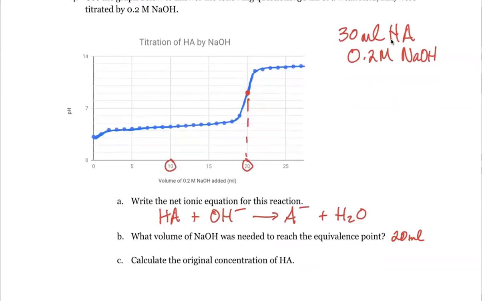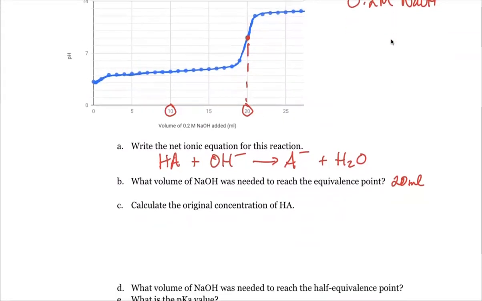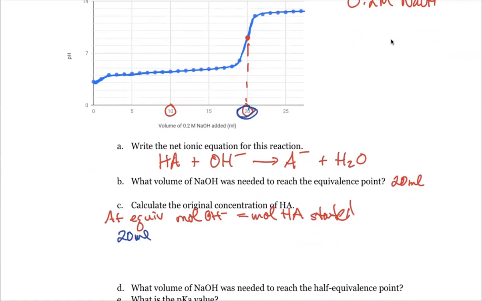I need to calculate the original concentration of HA. So remember that at equivalence, my moles of NaOH that we added equal the moles of HA we started with. So at equivalence, we had 20 milliliters based on this of 0.2 molar NaOH, which was given in the problem statement.